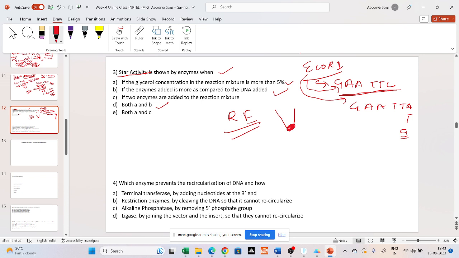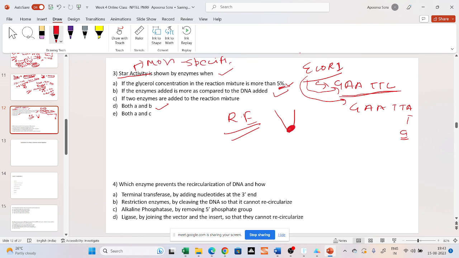If you are adding more restriction enzyme, then it is a problem, and your enzyme can show star activity. And if the glycerol concentration is more than 5%, then also your enzyme can show star activity. So star activity is basically the non-specificity of enzymes. Is it clear to everybody?